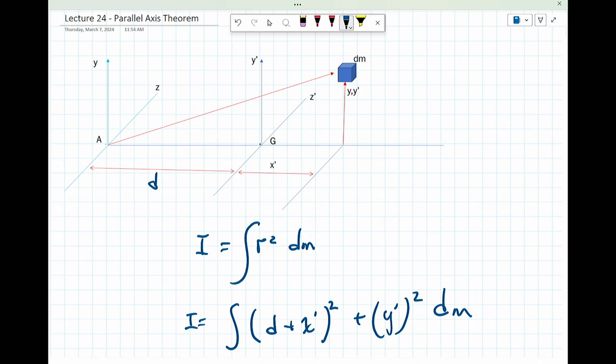It's a distance d plus x prime, and a distance y prime, and it's at the z equals 0 line. So z prime, z are both 0. So if I have an r squared, I can write that in this form right here, which is (d plus x prime) squared plus y prime squared.